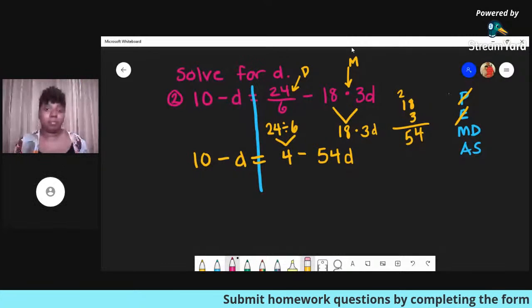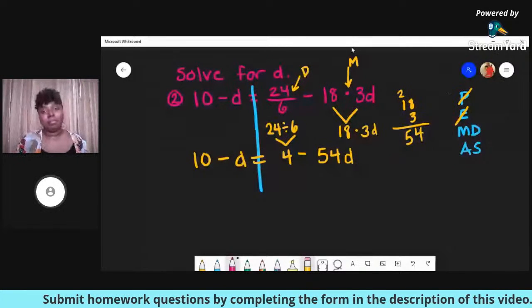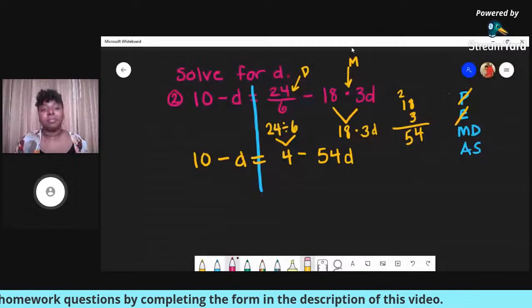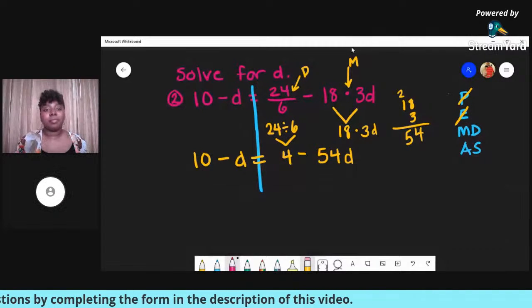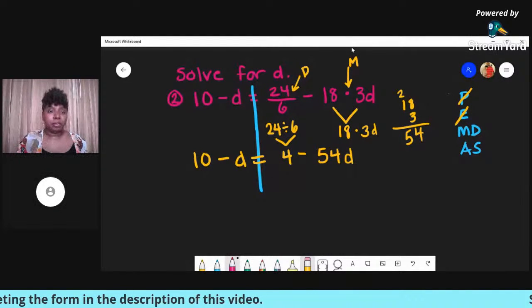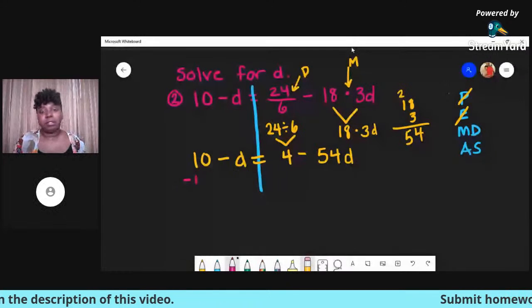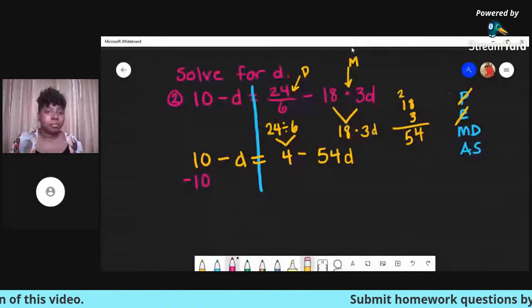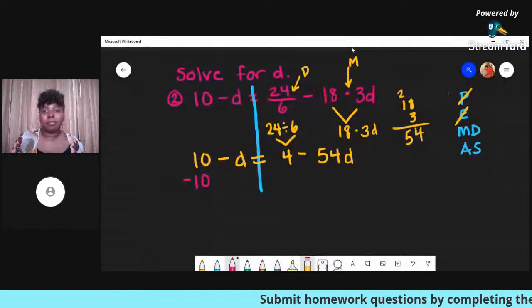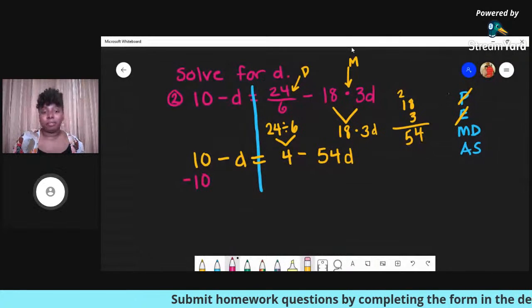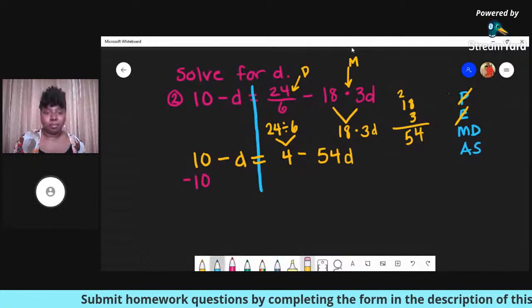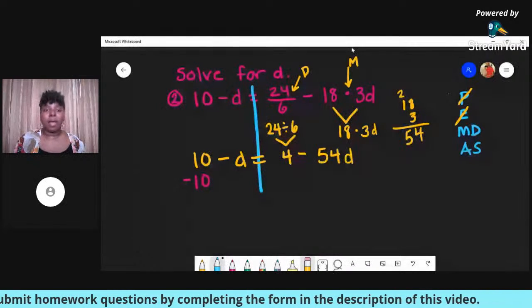I need to get rid of the 10 so the D is by itself, so I would subtract 10 from 10. And I would subtract 10 from, this is where I get a little confused because there are 2 numbers over here. I think I would subtract 10 from the 4. Why?